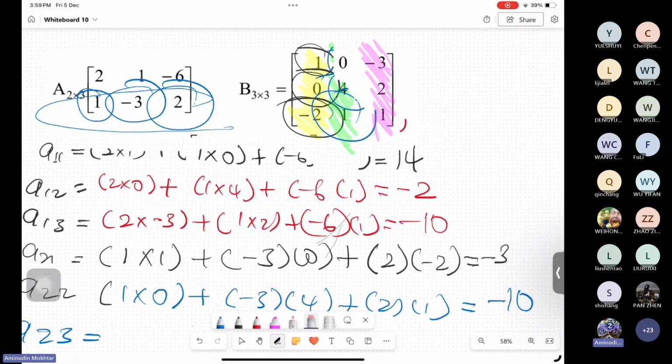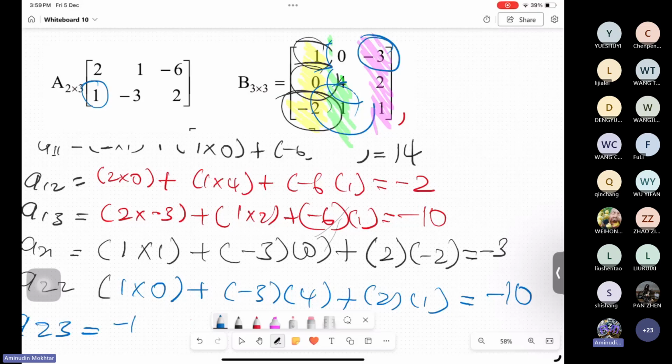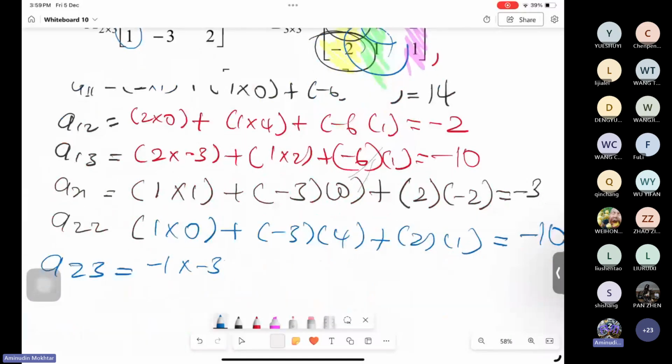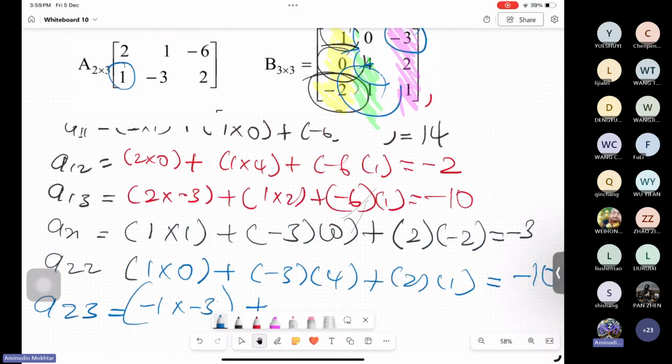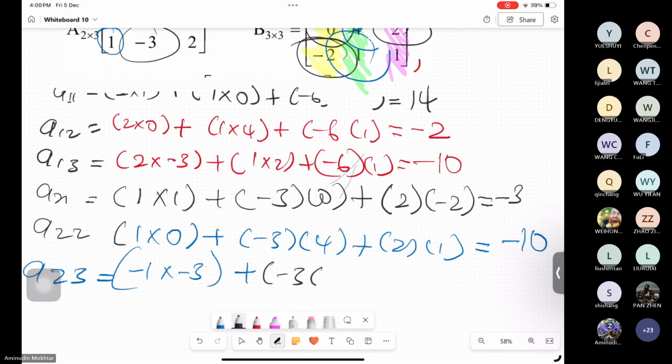Okay, for A23, the first number in the second row, 1, times the first number in the third column of B. That is negative 1 times negative 3. Second is the second number in the second row of A times the second number in the third column of B. That is negative 3 times 2.